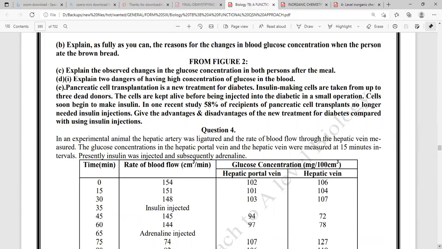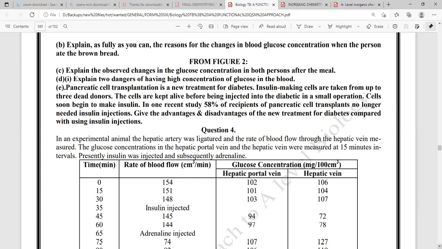Question E, the pancreatic cell transplantation is a new treatment for diabetes. You have insulin-making cells taken from up to 3 dead donors. Then these cells are kept alive before being injected into the diabetic person in a small operation.